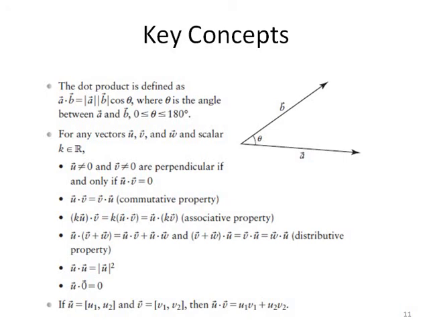And the dot product of u and u is the magnitude of u to the power of 2. Vector u dot 0 is always 0. And if vector u is (u1, u2) and vector v is (v1, v2), then the dot product is going to be u1 v1 plus u2 v2.